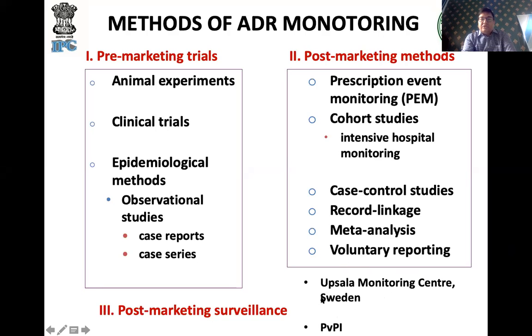These reports are also sent to the Uppsala Monitoring Centre, which is situated in Sweden. It is the WHO ADR monitoring center, where the data from the whole world gets collected and analyzed.